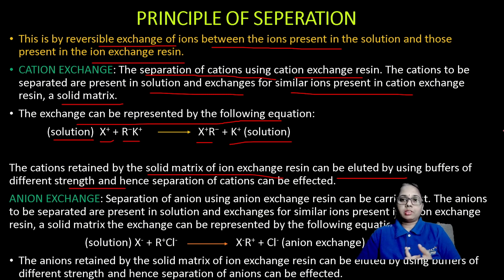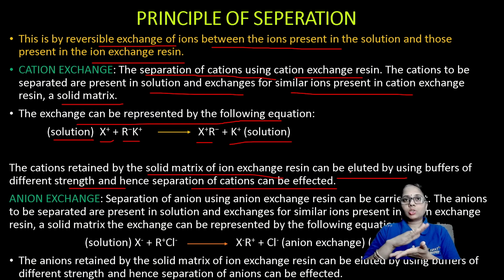That means for the mobile phase we use buffers of different strengths, and separation of the cations can be effected. Based on retention by the solid matrix, the ion exchange resin plays a very important role. We use different types of buffers as the mobile phase, and the strength of the mobile phase is also very important.